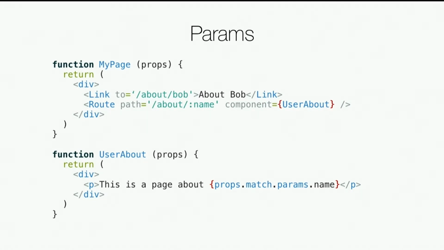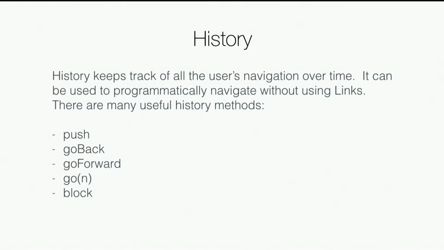We already kind of mentioned history, so we can navigate by links, so things you actually click on. But say we want to programmatically make people navigate. We'll cover some examples in the app we're going to make. But basically, on that history object that we automatically get passed, so again, the match object, the history object, and the location are props that are automatically passed to any component that's inside your router.